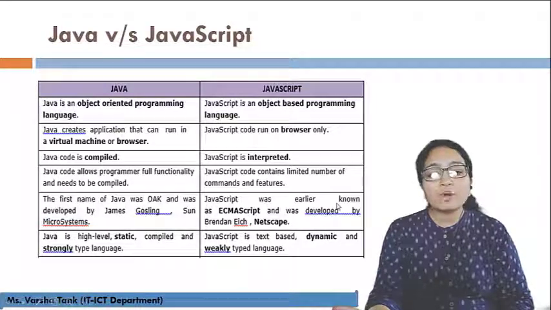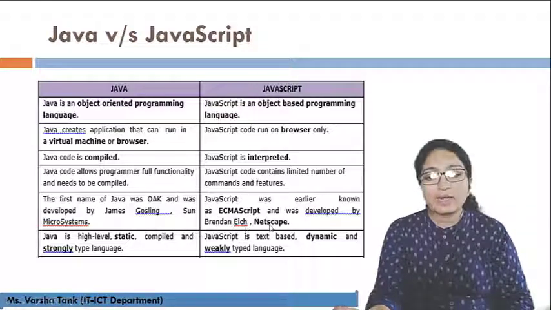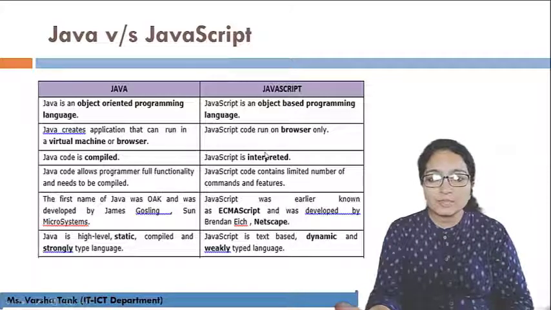JavaScript was earlier known as ECMAScript, and it was developed by Brendan Eich at Netscape. Java is a high-level, static, compiled and strongly typed language, whereas JavaScript is a text-based, dynamic and weakly typed language. So this is the difference between Java and JavaScript.